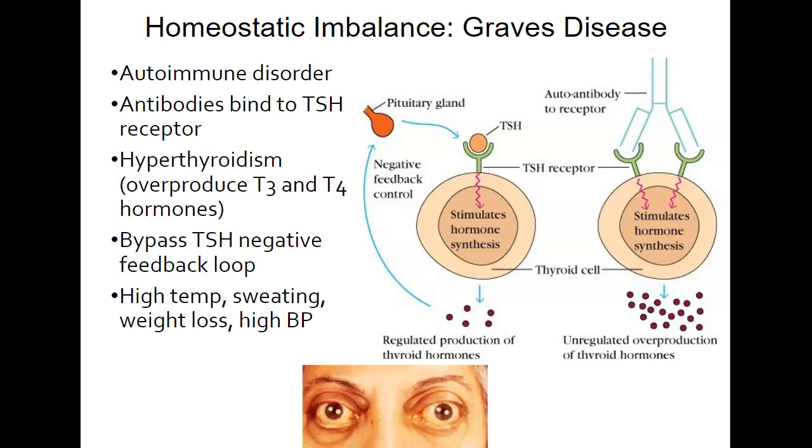One example here, just to highlight, is Graves' disease. It's another cell signaling problem. It's an autoimmune disorder. Antibodies bind to the TSH receptor, so this is related to the thyroid gland, essentially, and can trigger something called hyperthyroidism.